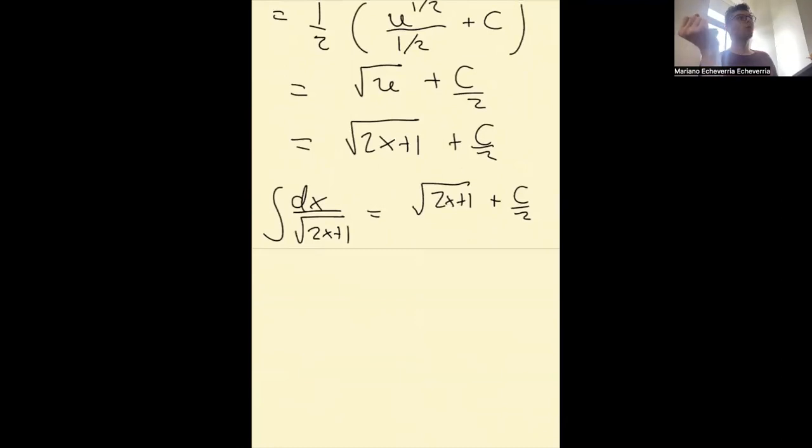But now we wanted not this, we wanted the definite integral, right? So we wanted this from 0 to 1, I believe.